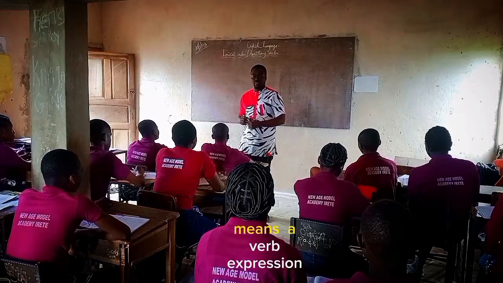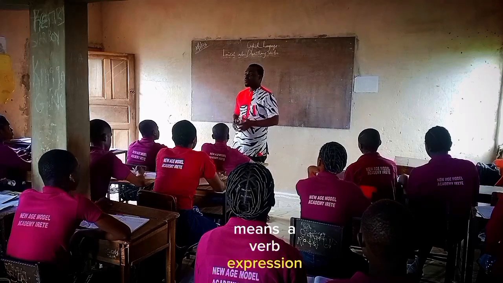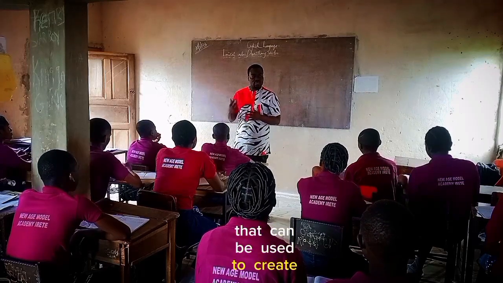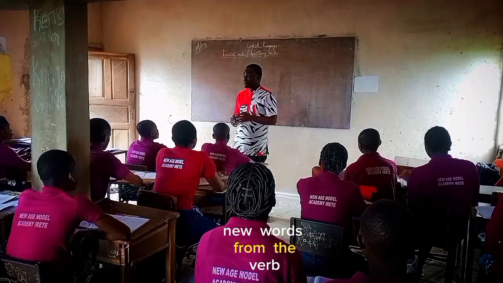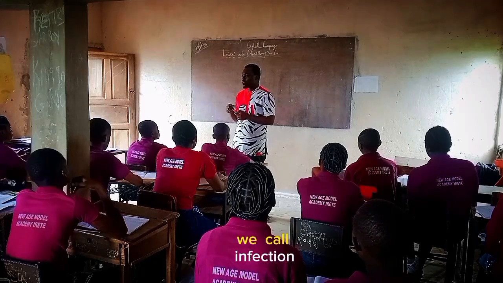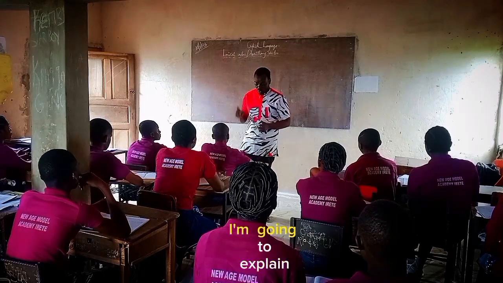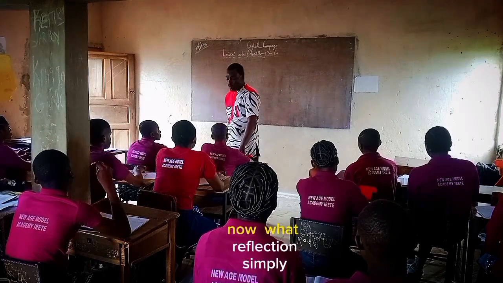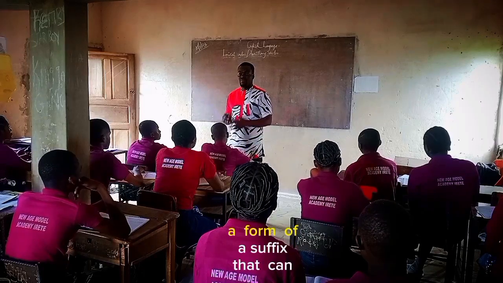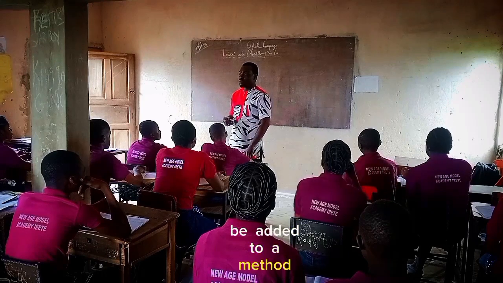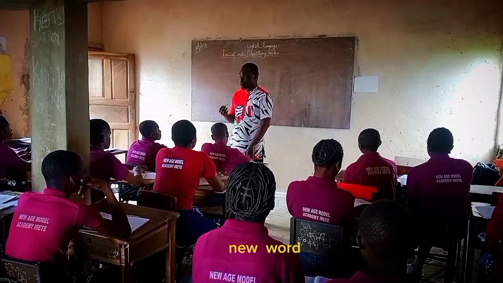A lexical verb simply means a verbal expression that can be used to create new words from a verb by use of what we call inflection. Inflection simply means a form of a suffix that can be added to a main verb which can convert it to a new word.